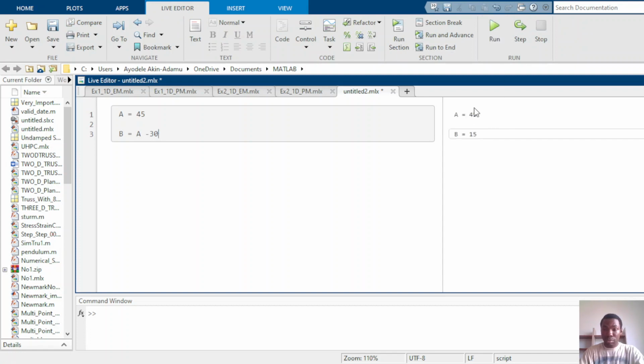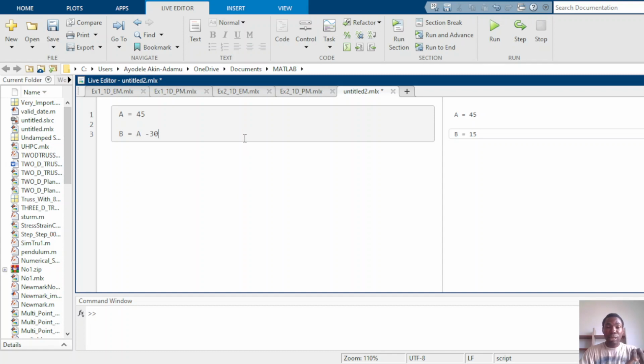When I click on Run, MATLAB goes through my MATLAB code and calculates the values of A and B, which are stored in the MATLAB memory.